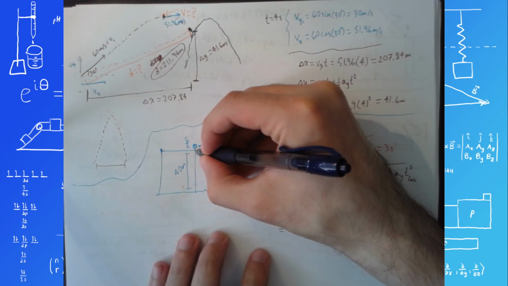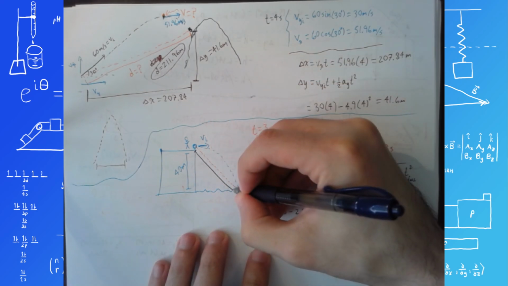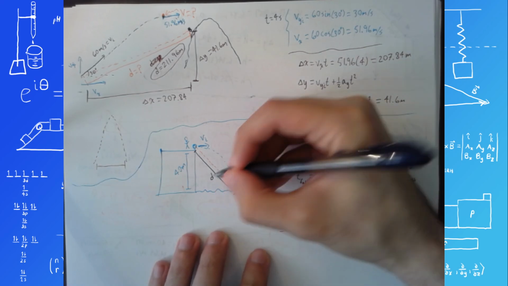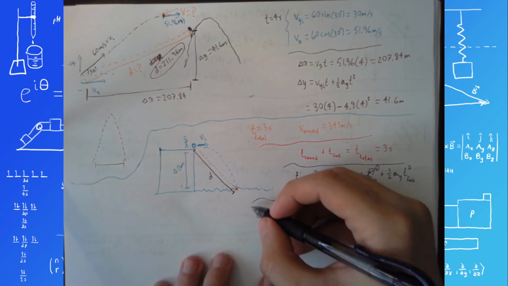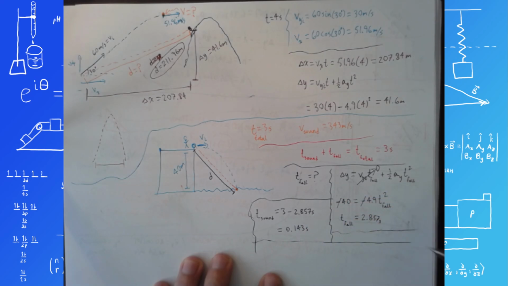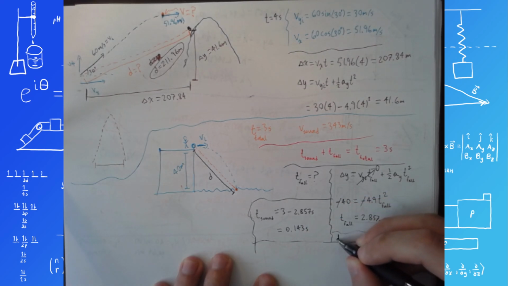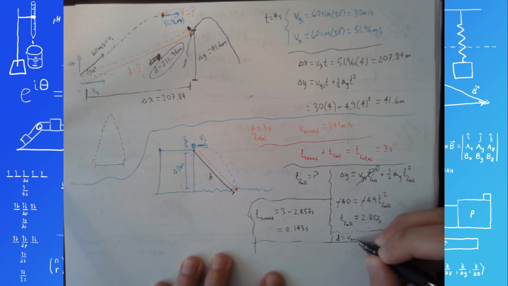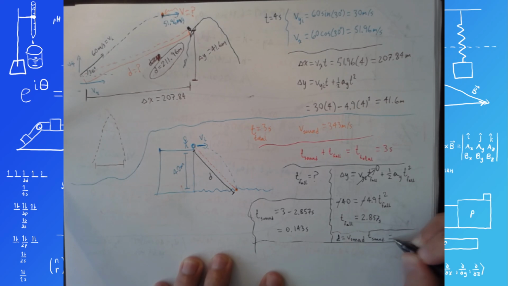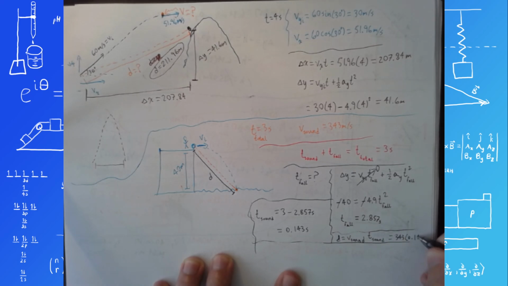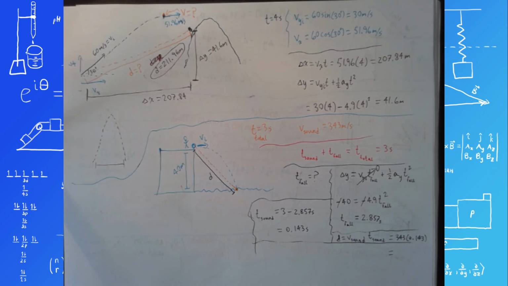This distance over here, call it d, can be calculated simply by d equals v sound times t sound, which is 343 times 0.143, which is 49.049.